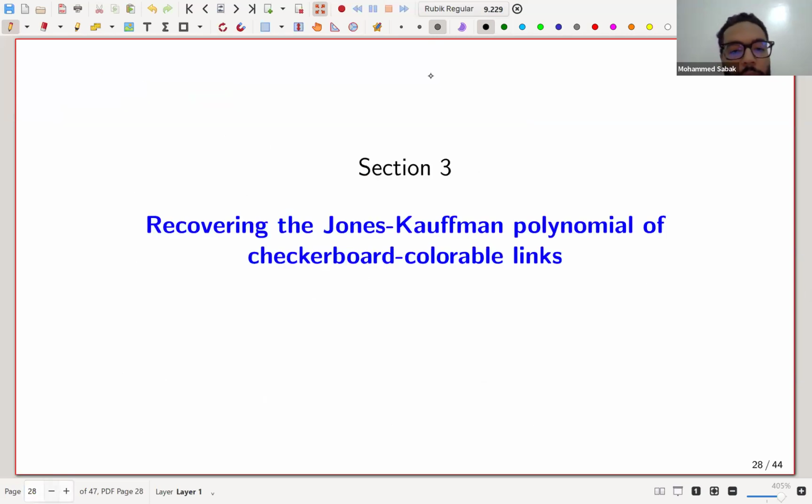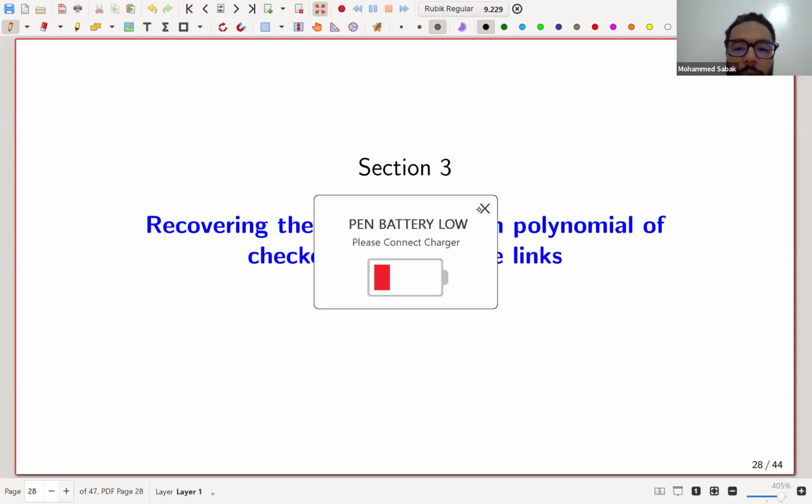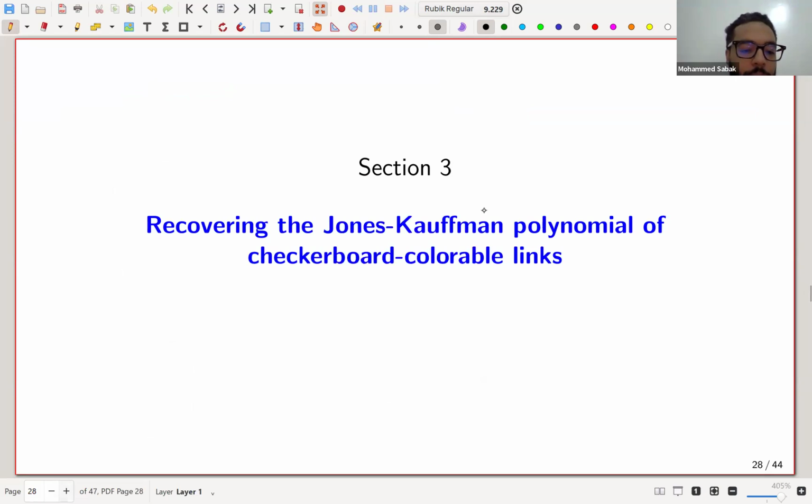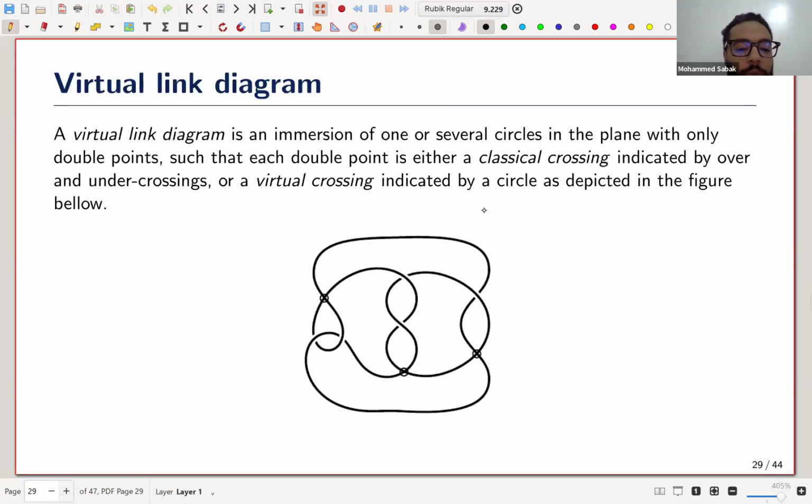Now we will see how to recover the Jones-Kauffman polynomial from the previously defined polynomial. A quick recalling of definitions. A virtual link diagram is an immersion of one or several circles in the plane with only double points.